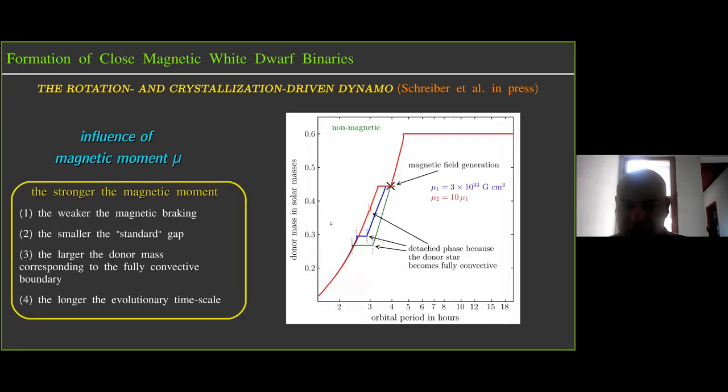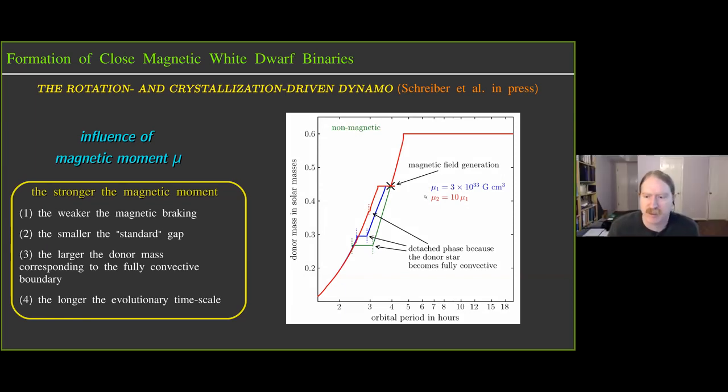If we incorporate the magnetic field, and if this magnetic field is strong enough to connect with the secondary magnetosphere, part of this wind leading to magnetic braking will not leave the system, will be trapped because of the connection between the magnetospheres. So we have a reduction of the magnetic braking.